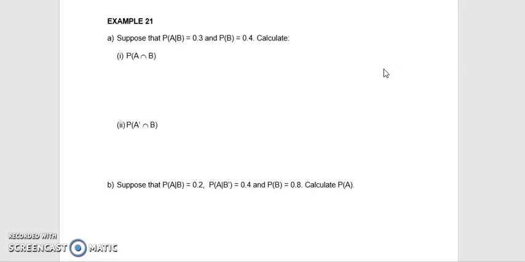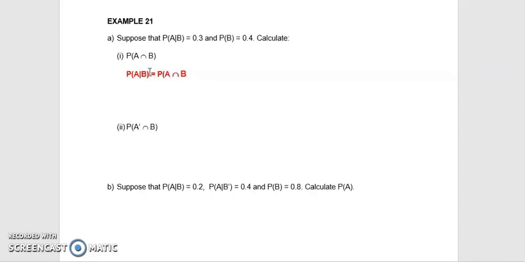Calculate the probability of A intersect B. Based on the info given here, we have conditional probability, so we can use the conditional probability formula in order to find probability of A intersect B. Probability of A given B equals probability of A intersect B divided by the condition. Now the condition is event B, so divided by probability of B.